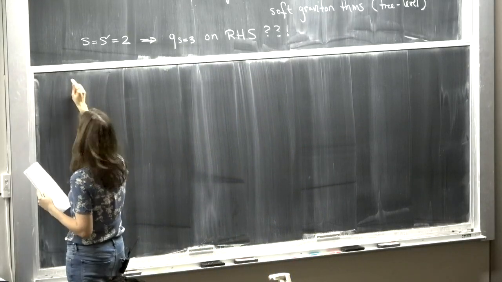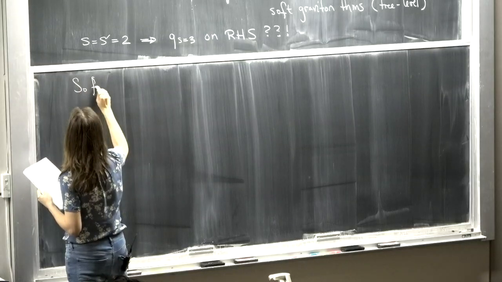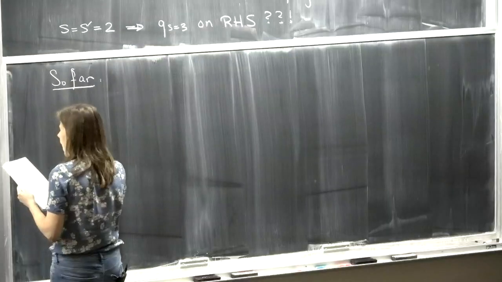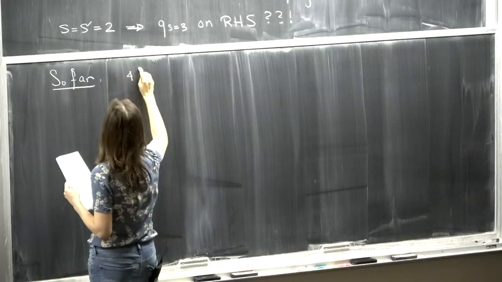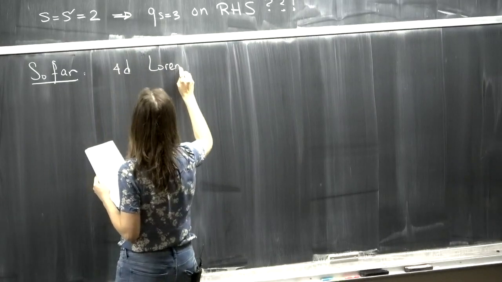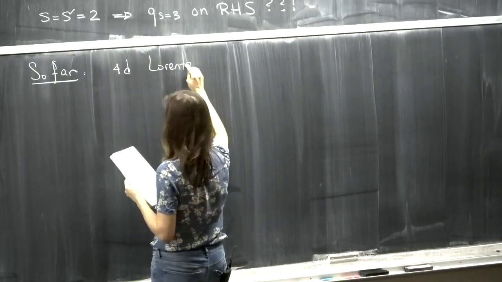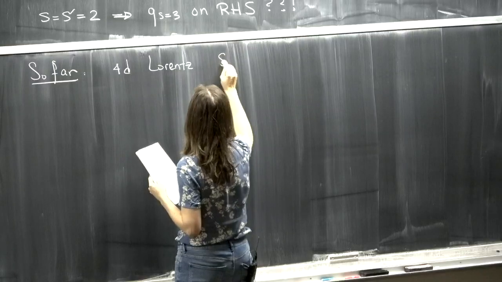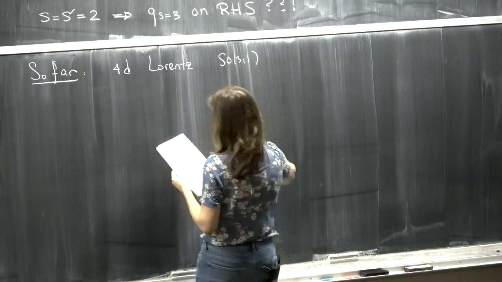So, perfect. So far, we started from 4D Lorentz symmetry, so this is SO(3,1).